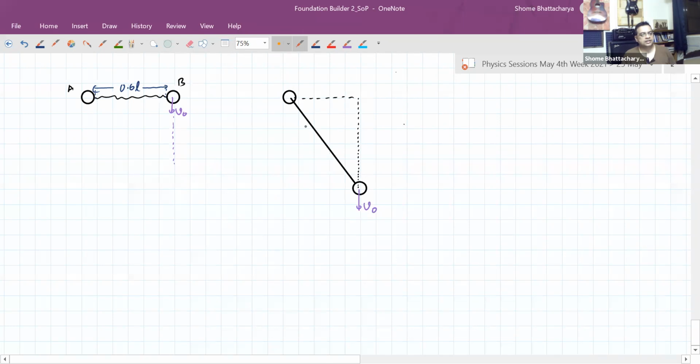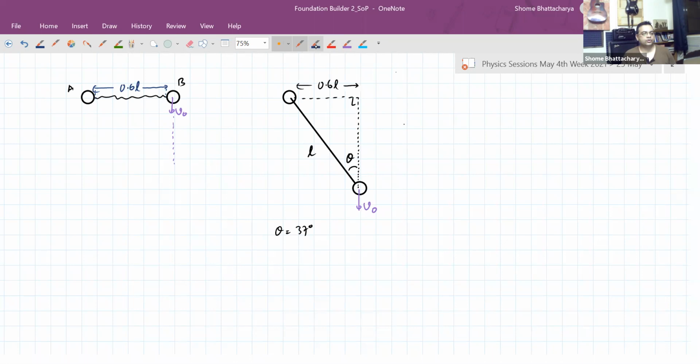The radius is negligible, so you can see that with this being 0.6 L, this angle theta is sine inverse of 0.6, or 3/5, so it's 37 degrees. Now the thread just becomes taut.